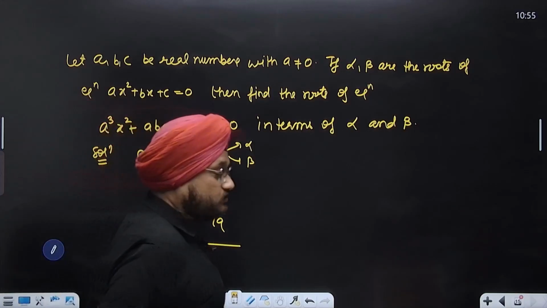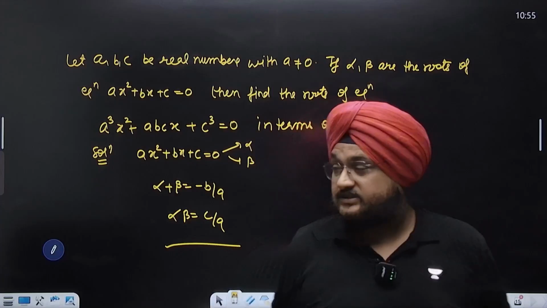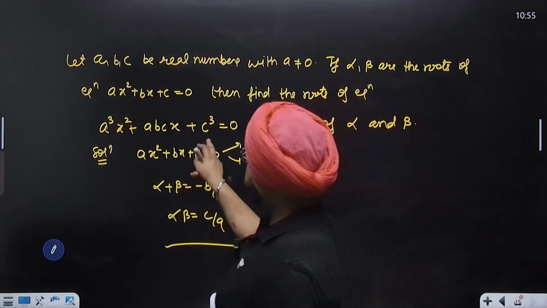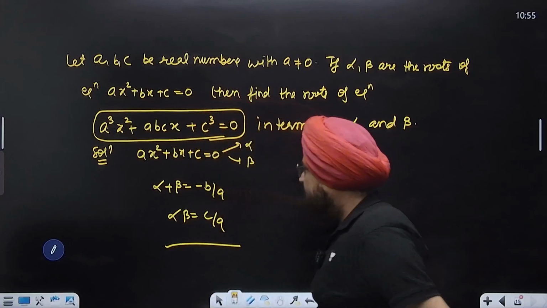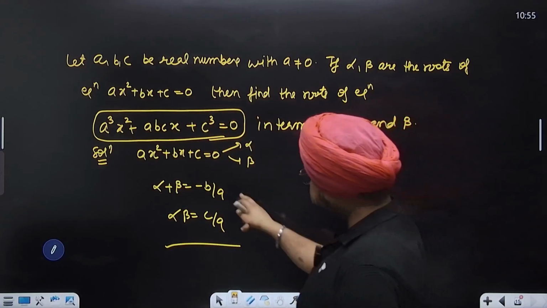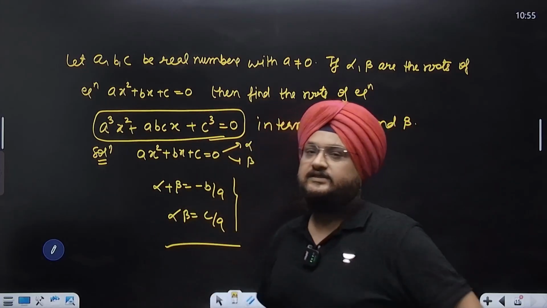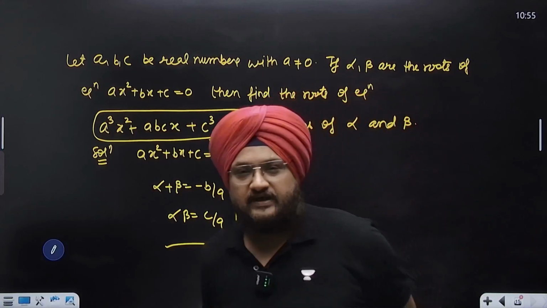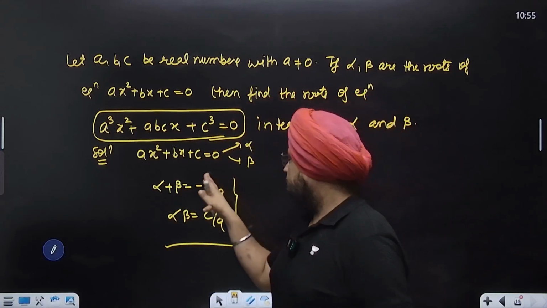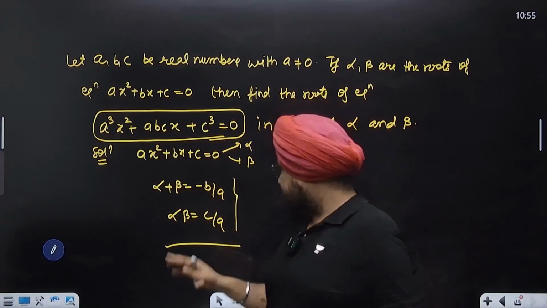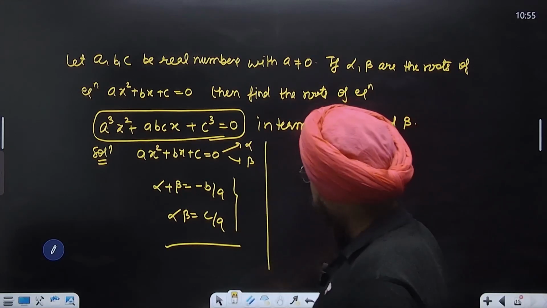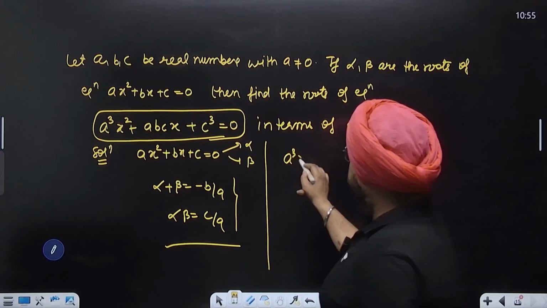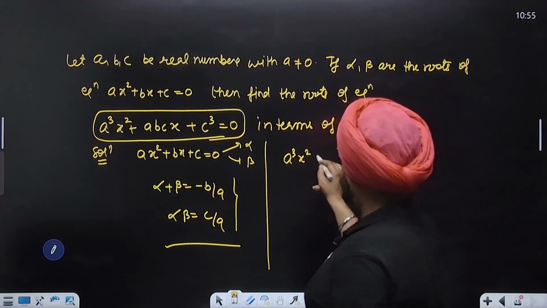So one way to solve this problem simply is we change this equation in such a way that we can see these types of expressions, minus b by a, c by a. So we will put minus b by a as alpha plus beta and c by a as alpha beta. Let's try to convert this equation into these two terms.